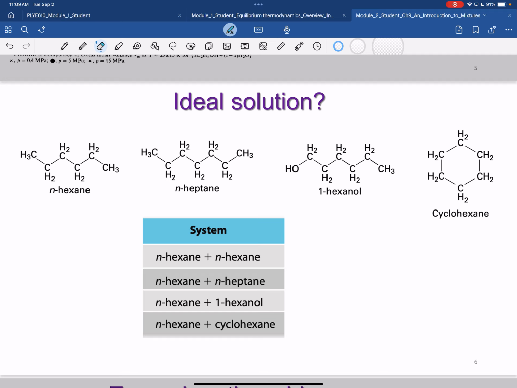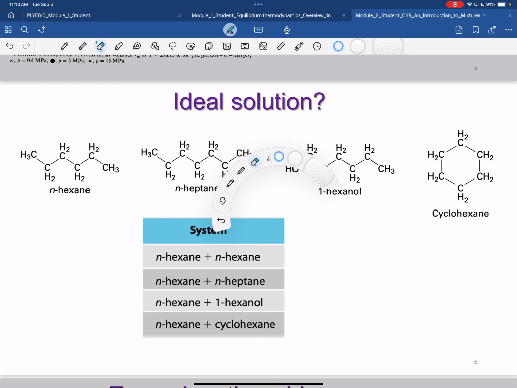Now think about this example here. I'm going to pick components from the top row and see which one is close to ideal and which is non-ideal, right? So of course, if I get n-hexane, that's a pure component. It's ideal. So let's focus on the second one, n-hexane and n-heptane. Do you think it is an ideal solution if I mix them together?